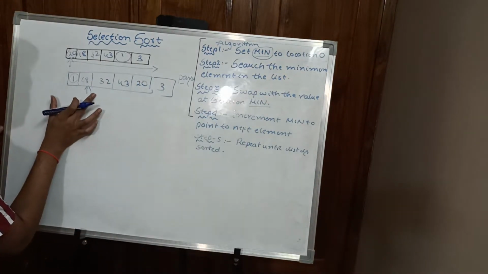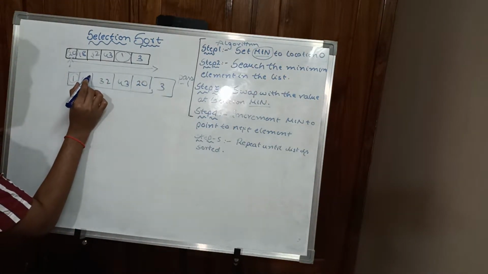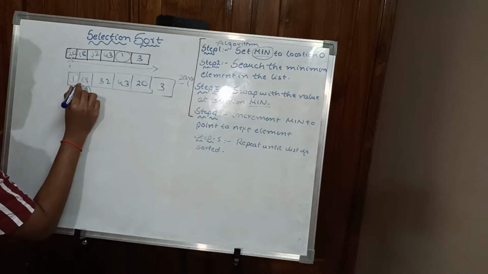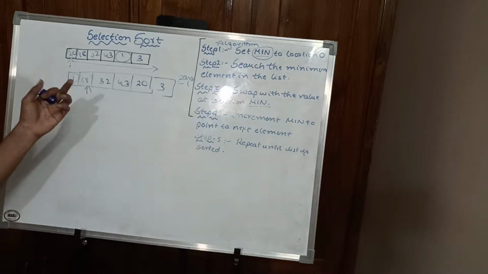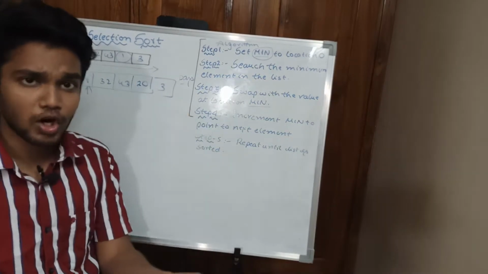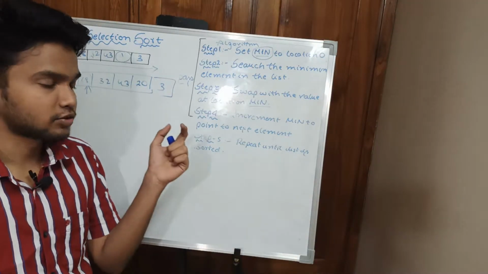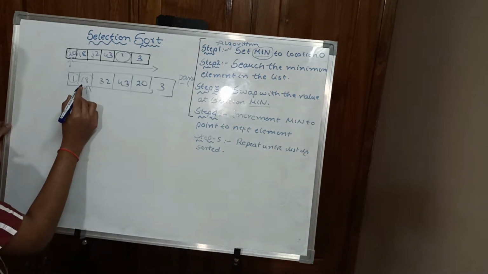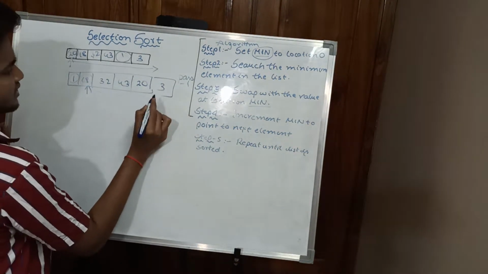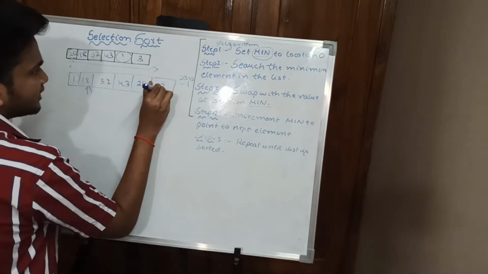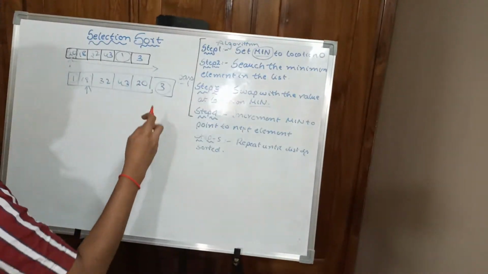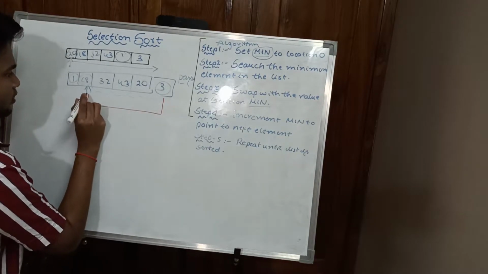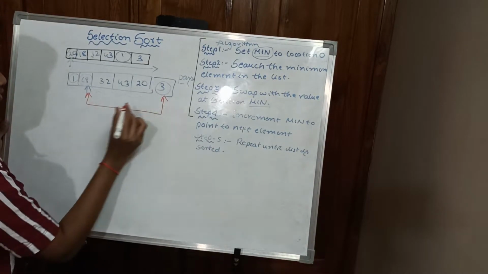So again, when min is here, we consider 1 as the minimum value, and 18 that is present here should be swapped with another smallest element present in the array. So we continue checking which element is smaller. Here 3 is smaller, so it would be swapped with this.